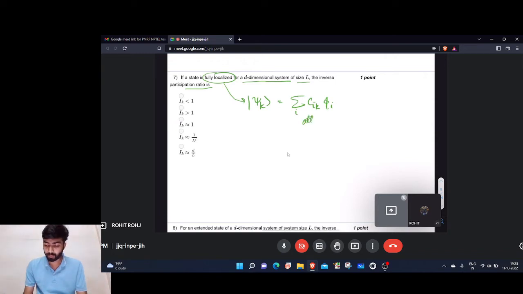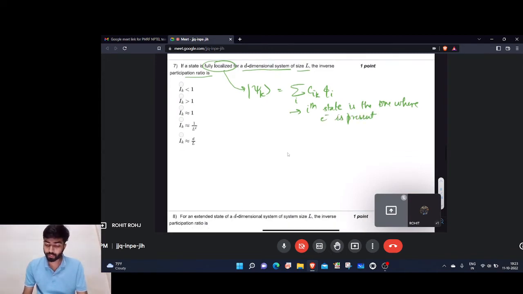Let's say we are talking about the ith state, and the electron is present at some ith atom, so the ith state is the one where the electron is present, and all the other coefficients will be 0.